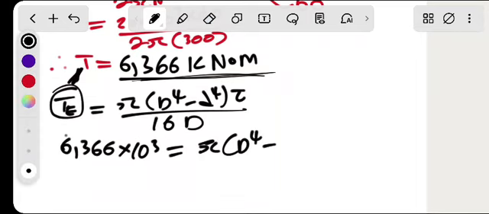Where we see small d, remember, as a ratio, d over D must be equal to 0.7. This is simply just a ratio.